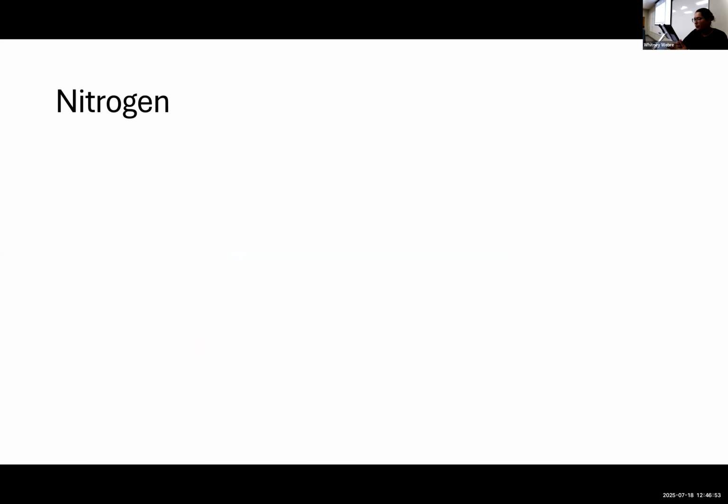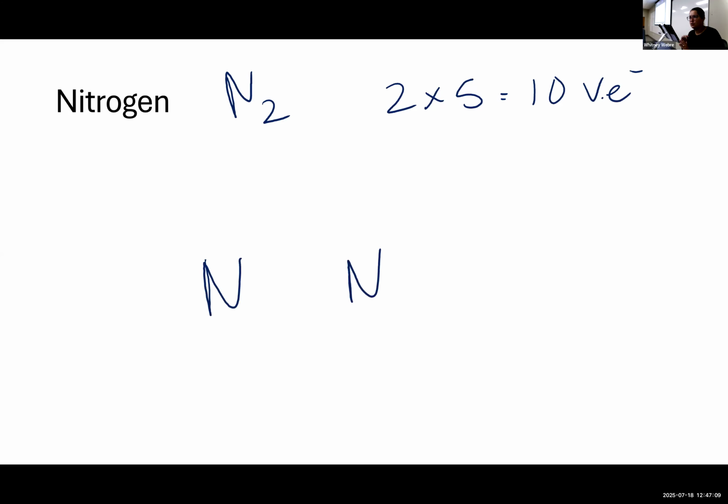Nitrogen. So like I said, we've already done this compound, but I would prefer to redo it where we're doing bonds instead of dots when things are connected. So that was N2. So 2 times 5. There is no central atom, but I have to connect whatever I have in front of me with at least a line.